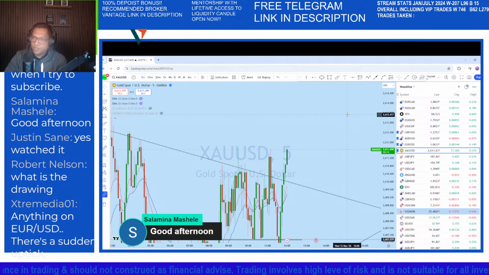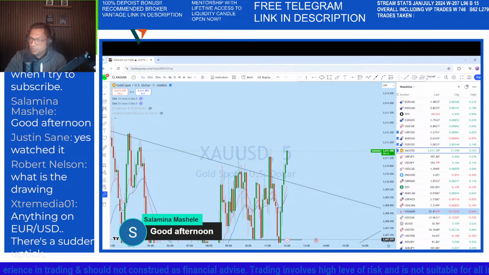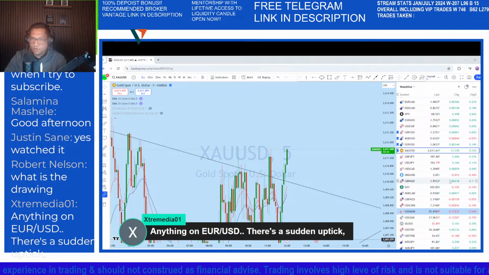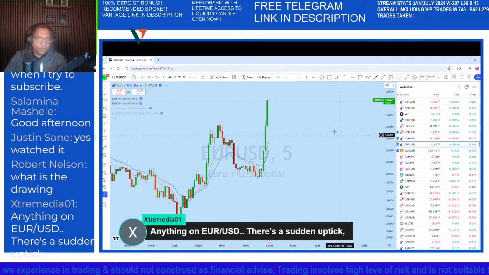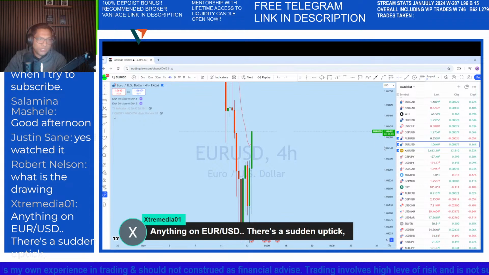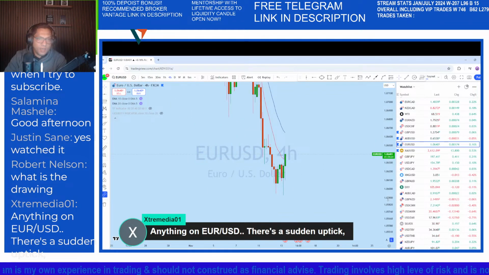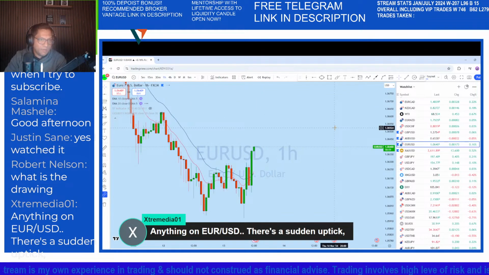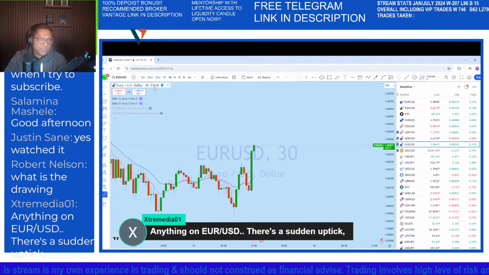Okay, so the market is breaking out in that direction. In the USD, there is a sudden uptick. Euro dollar, yeah, due to the CPI, we might see some momentum in the market as CPI is coming.